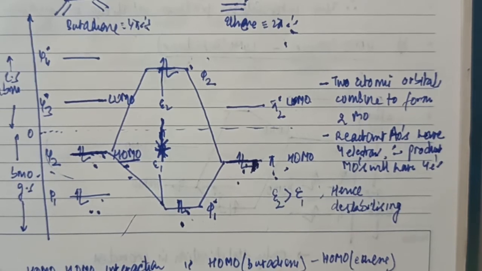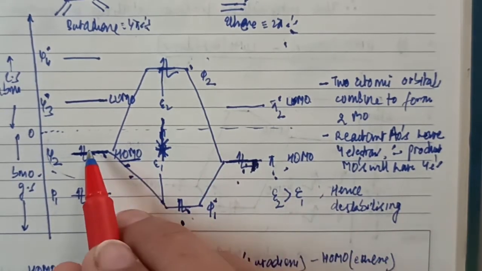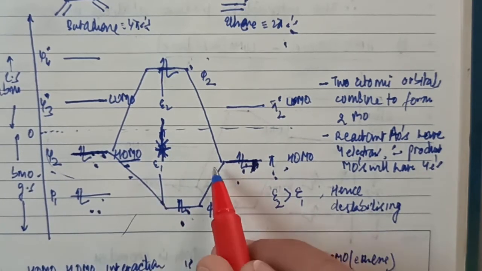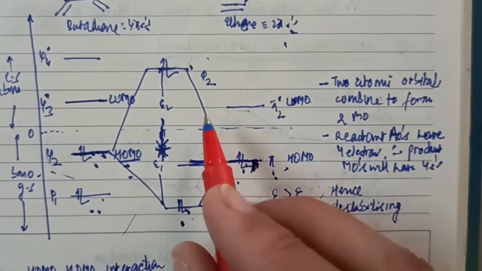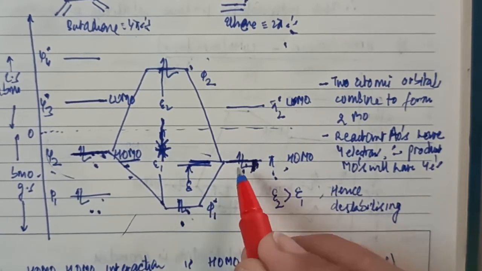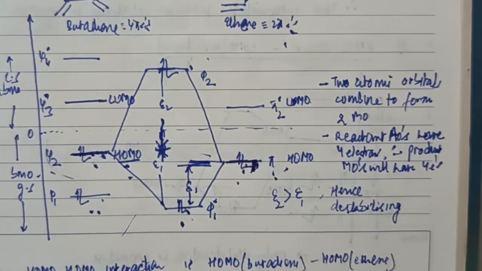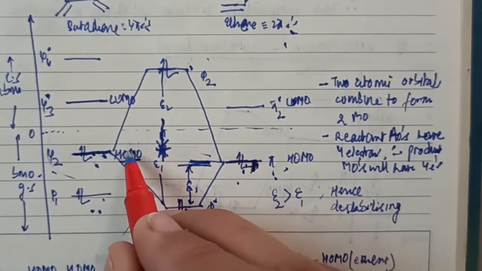This is worth consideration. Out of the HOMO of the diene and dienophile, the lower electrons were here, and this is the amount of stabilization these 2 electrons have received. And where were the other 2 electrons? Here.